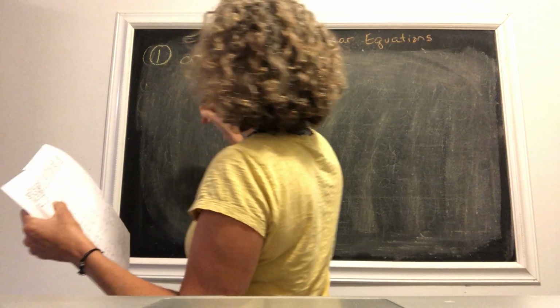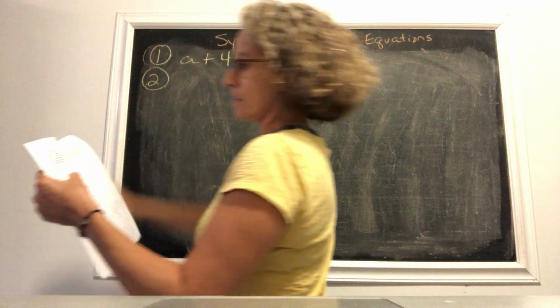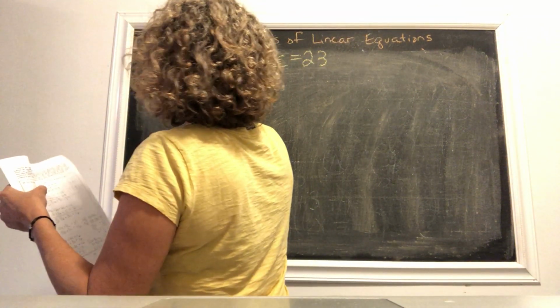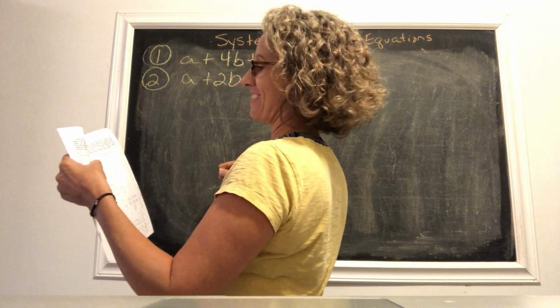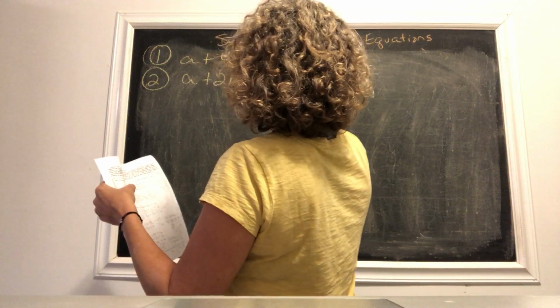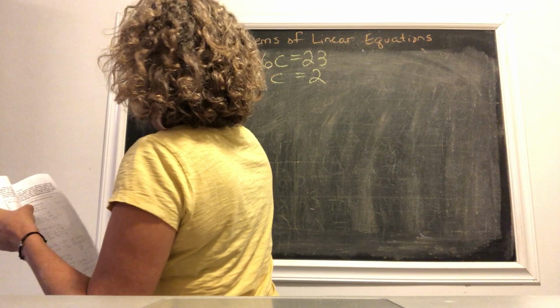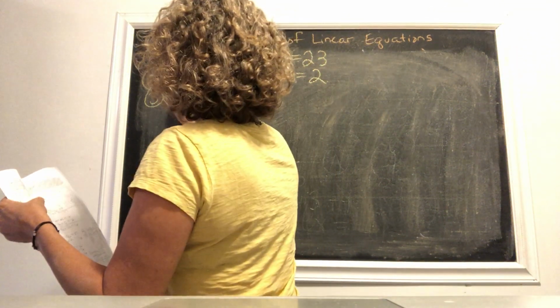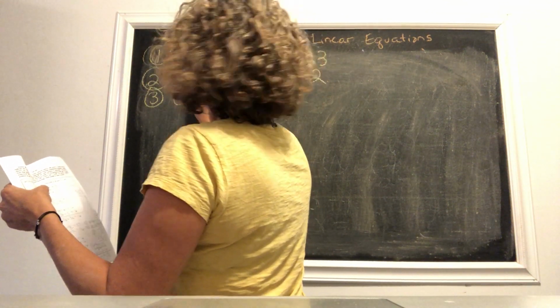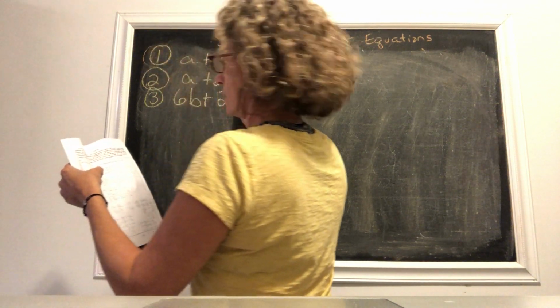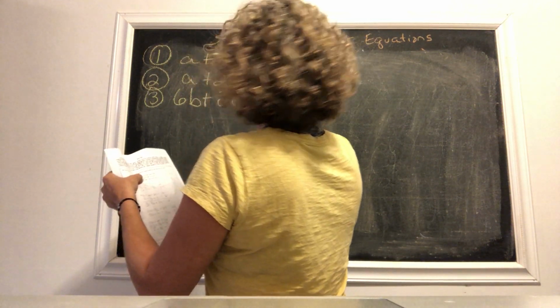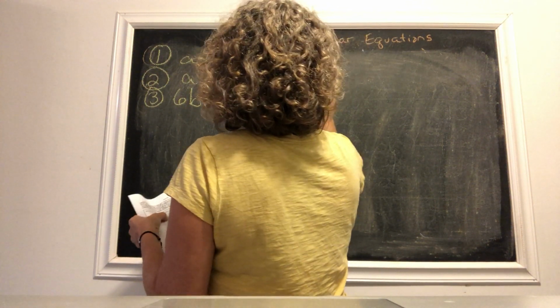I feel like I'm rhyming. The second equation was a plus 2b plus c equals 2. And the third equation, 6b plus 2c equals a plus 14.